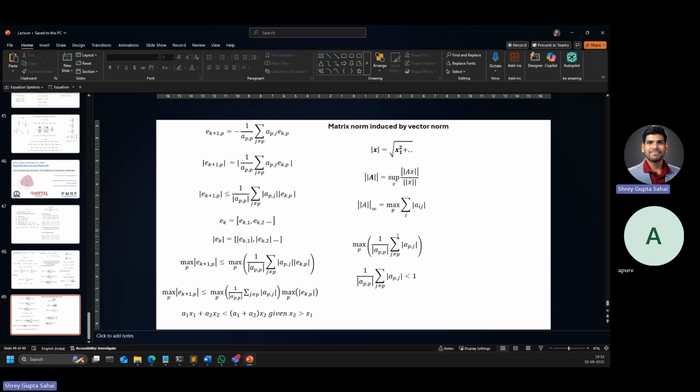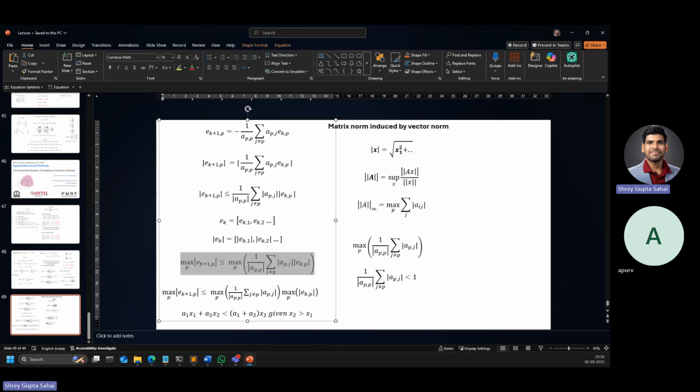Essentially, what we are saying is that your error will have a lot of components, right? P components, or N components to be precise. There will be a relation to the highest component. By simple reasoning, your highest component will keep getting multiplied by this fraction, or at least it will keep on being lower than this coefficient times the maximum component.